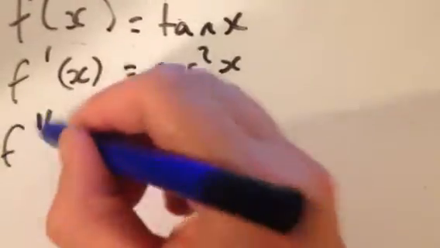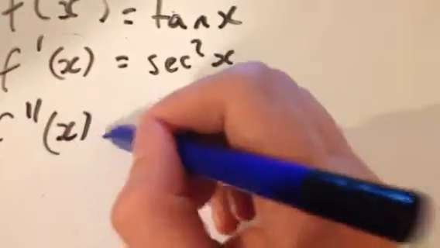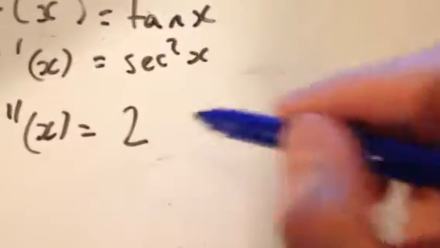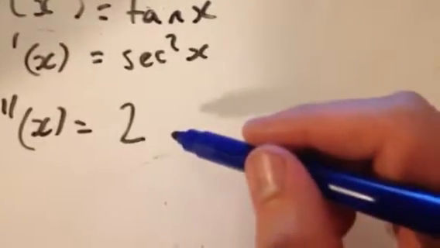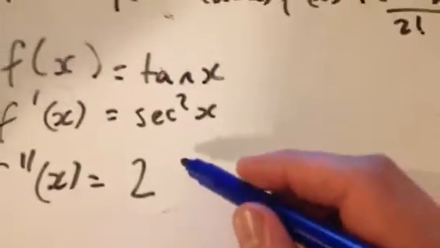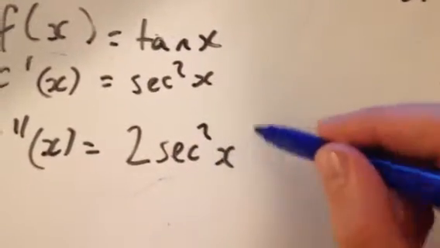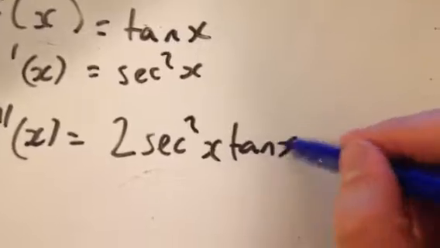So we get f double dash of x is, bring the 2 down, 2 sec x tan x, and then obviously you simplify the sec x to make sec squared x tan x.